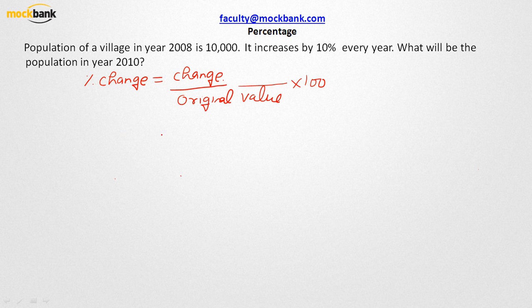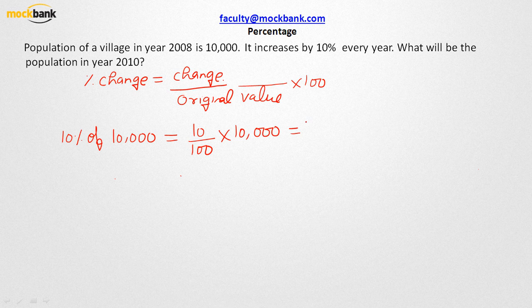So from 2008 to 2009, it says that the percentile increment is 10%. How do we write 10% of 10,000? Because 10% of 10,000 is what has increased. So that comes out as 10 over 100 times 10,000.